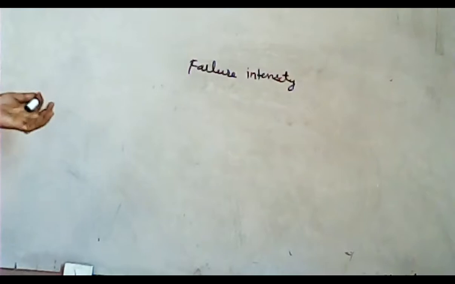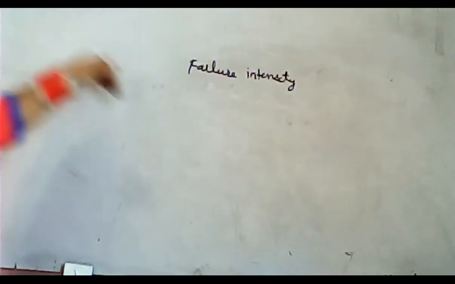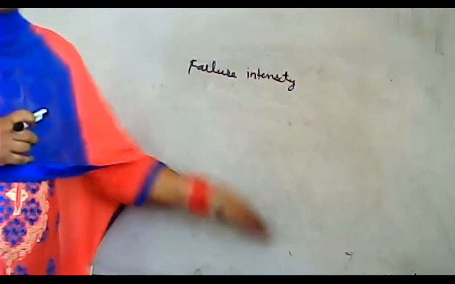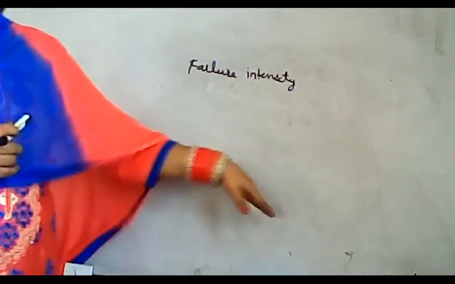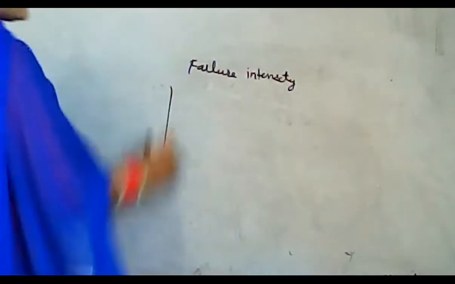We can show that also. Failure intensity may decrease, but when failure intensity decreases, reliability increases. So it is an opposite curve. I will show you that.